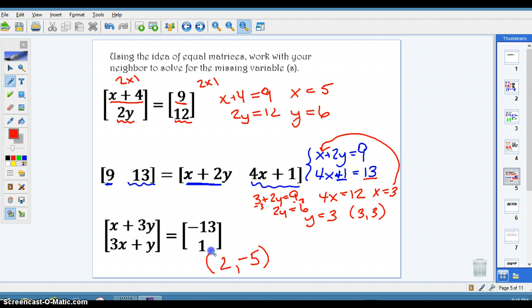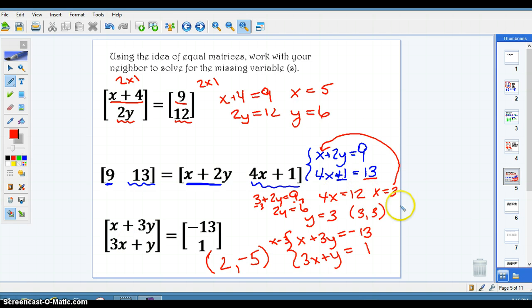If you didn't get that, you need to check with the neighbor to see what your math. But I would have set it up to look like this: x plus 3y is equal to negative 13, and 3x plus y is equal to 1. And then I multiplied the top equation by a negative 3 and went from there. See what you can do to make sure you get the right answers.